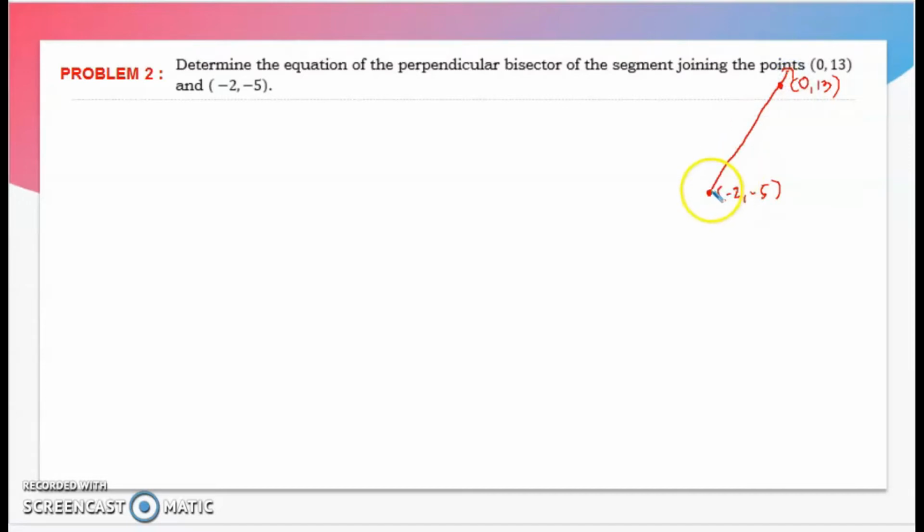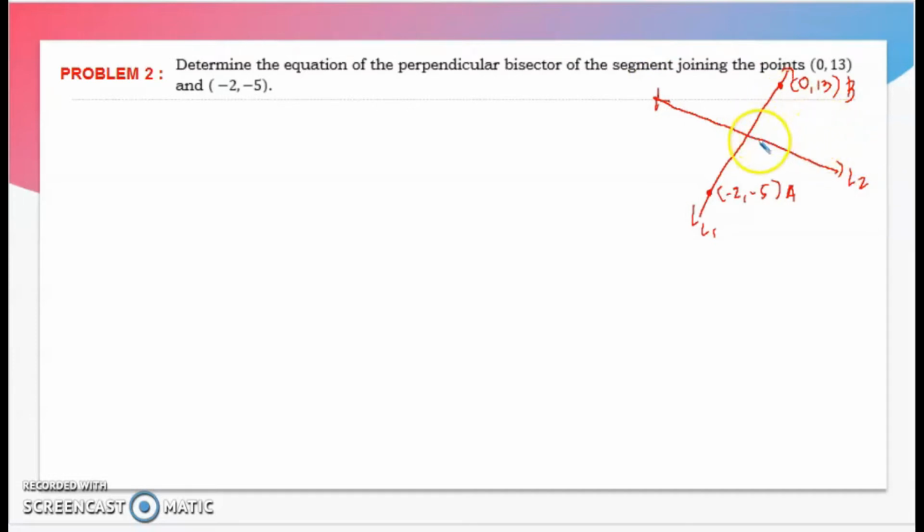Okay. Now let's say this is line 1 and point -2, -5 be point A, and 0, 13 be point B. Now, line 1 has a perpendicular bisector, which is line 2. Okay, so this is line 2.